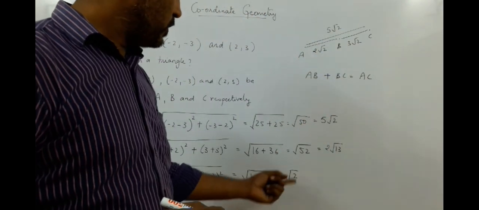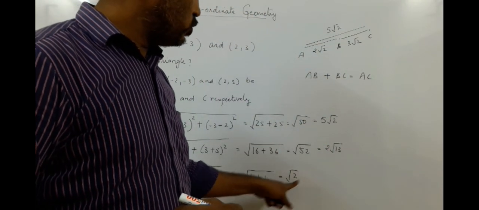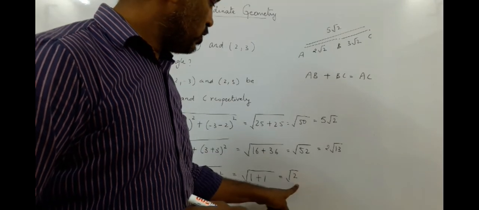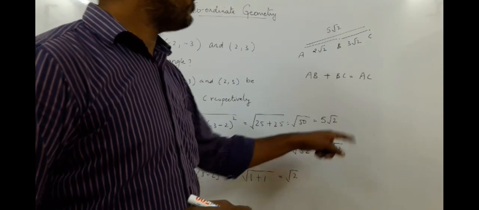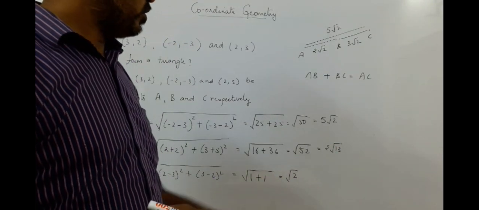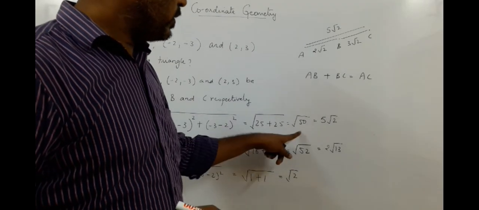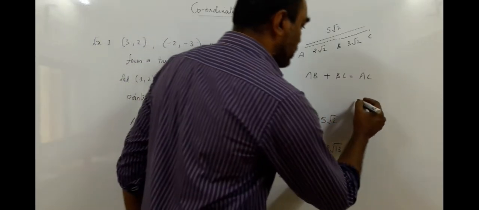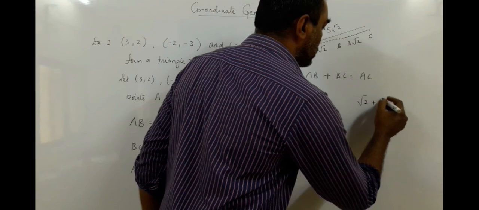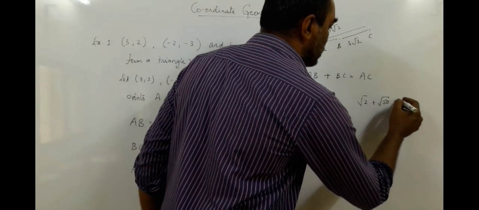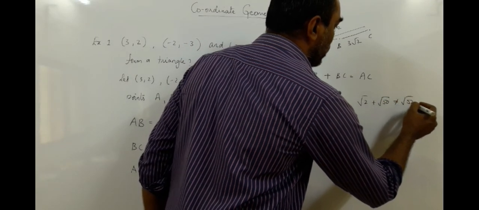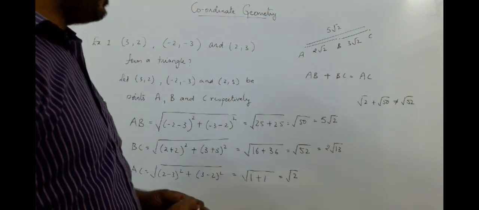Now we check here, the smaller sides are root 2 plus 2 root 13. Root 2 plus 2 root 13 is not 5 root 2. Sorry, yes, so root 2 plus root 52, remember, is not root 50. Do not be confused by this.